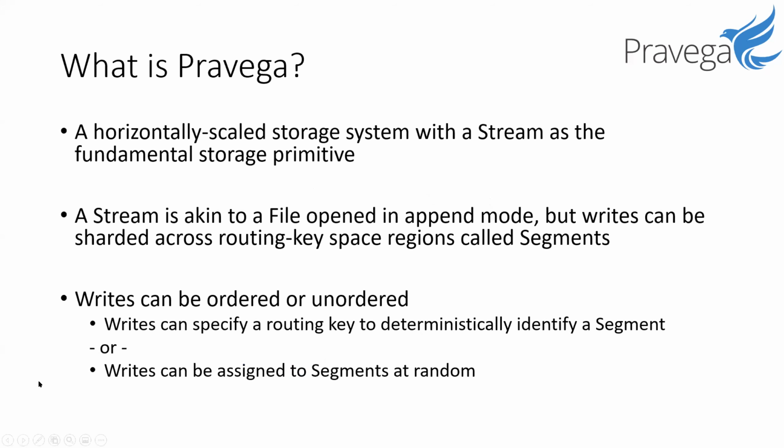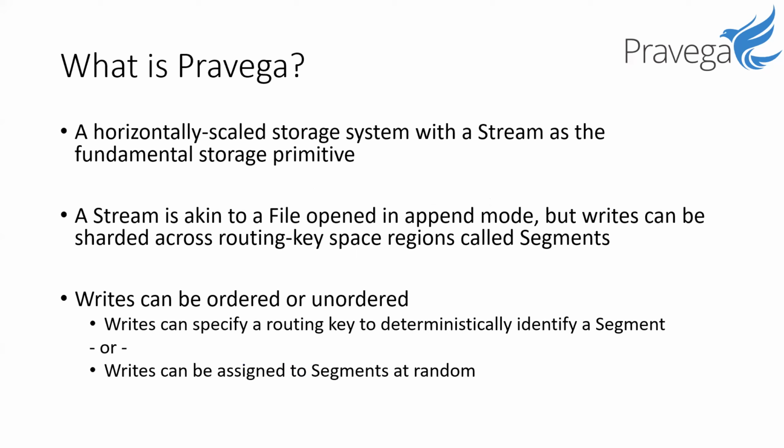So let's dig into what is Provenca at a high level. Provenca is a horizontally scaled storage system with the concept of a stream as the fundamental storage primitive. A stream is kind of like a file opened in append mode, but writes can be sharded across regions of a routing key space.